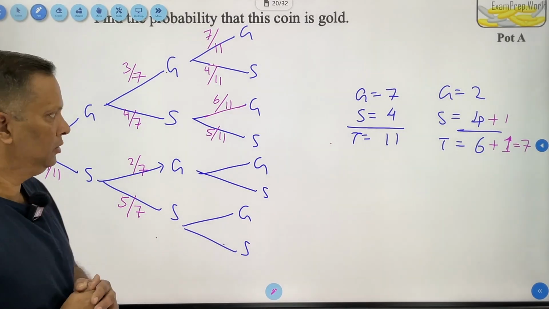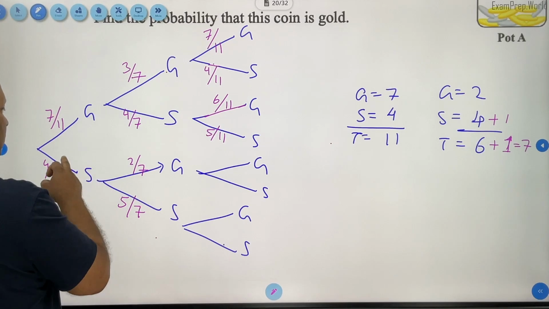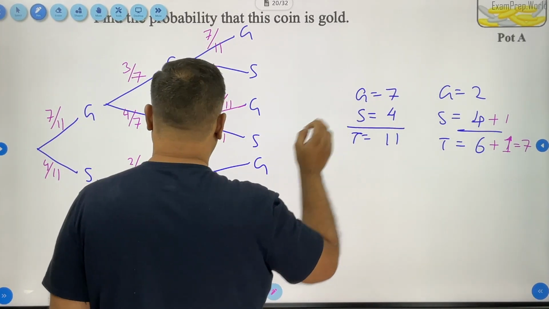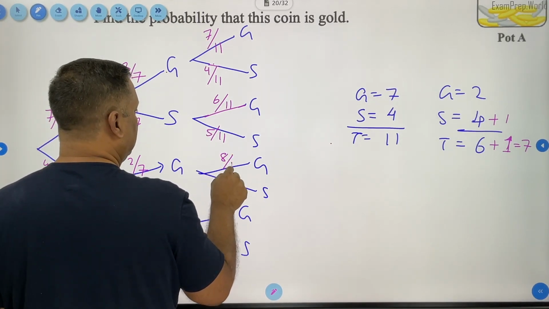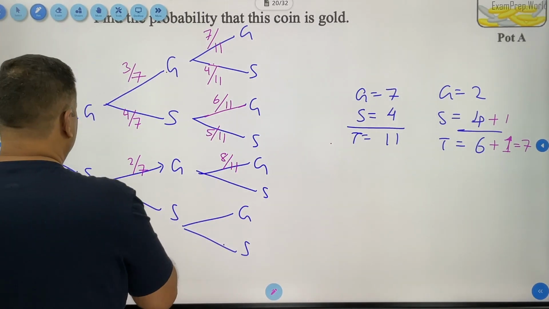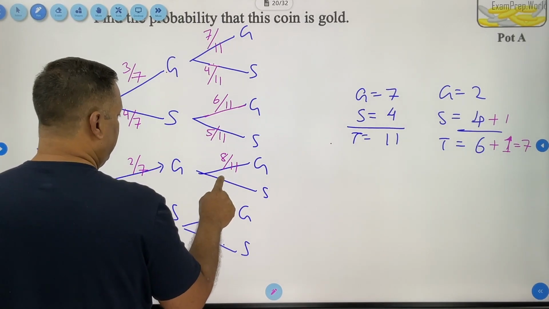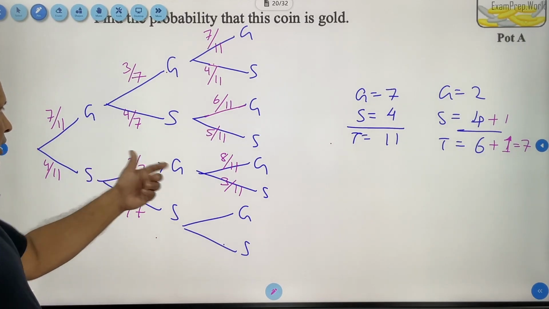Okay, clear? Now it was silver, gold and gold. First was silver, so gold were intact, 7. Then you had gold, and then you had gold. Then it will be 8 on 11. And silver, gold. So now it will be 3 on 11, because 1 silver had gone.